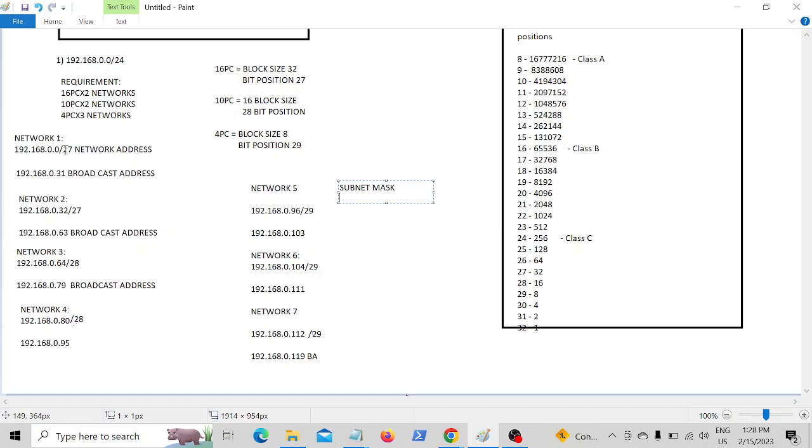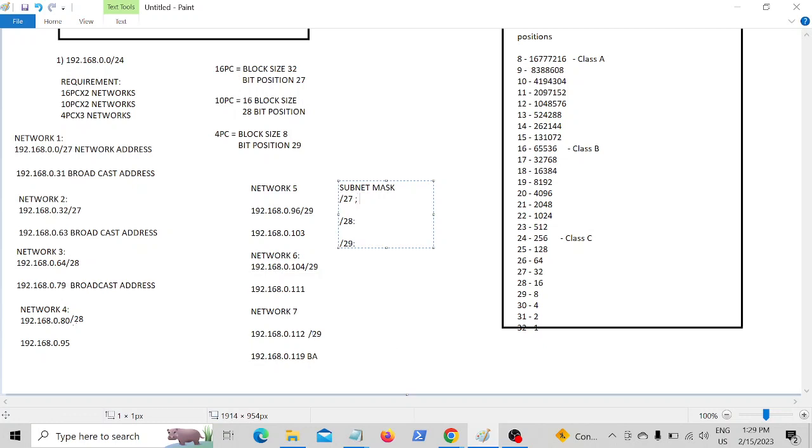For slash 27, what is the subnet mask? So coming to network 1 and network 2, for slash 27, what is the subnet mask? And next slash 28, what is the subnet mask? And slash 29, what is the subnet mask?